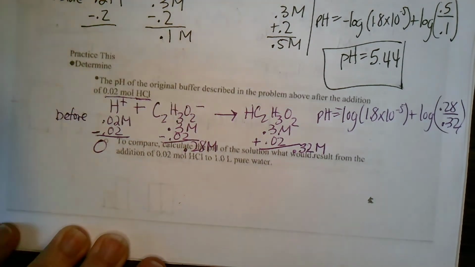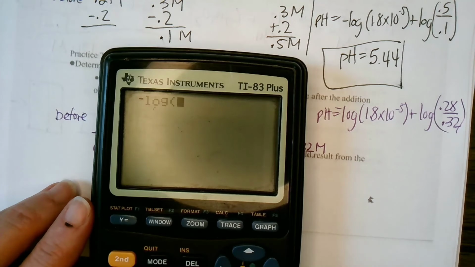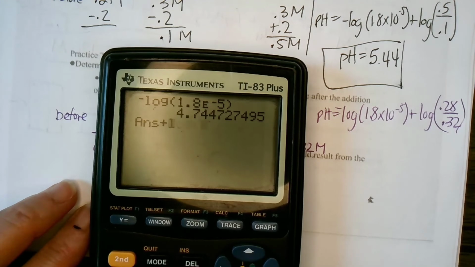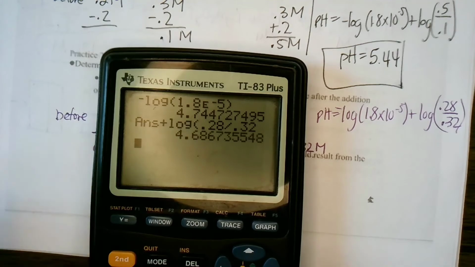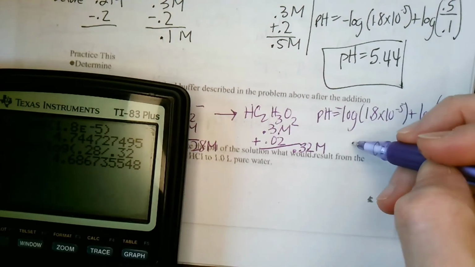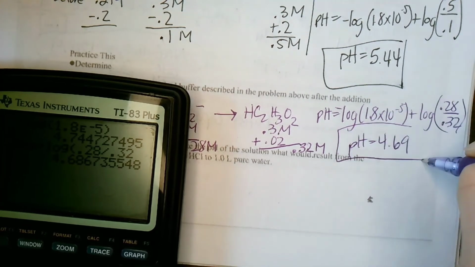And let's see what we get here. The negative log of 1.8 times 10 to the negative 5th plus the log of 0.28 divided by 0.32, and we get 4.69. So pH is equal to 4.69 pH units.